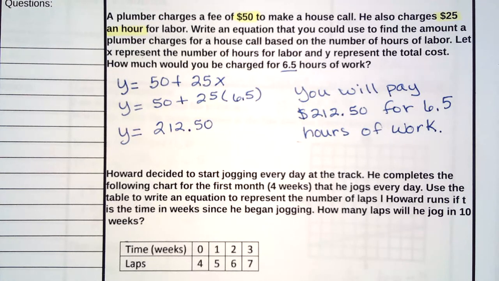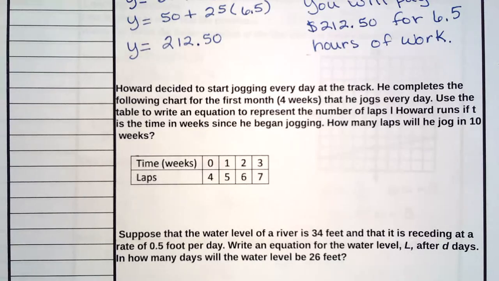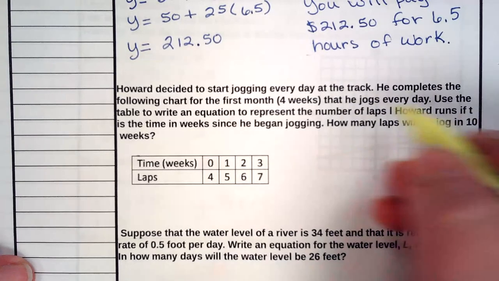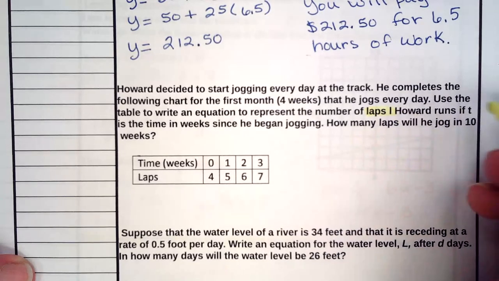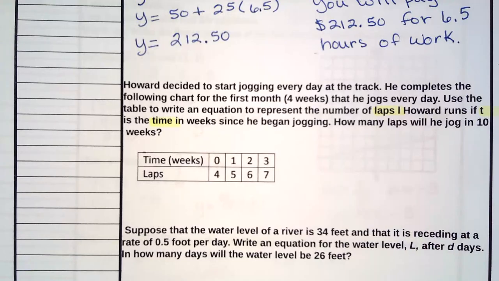How many laps will he jog in 10 weeks? So we've got our chart. We know that L is the laps and T is the time. So how many laps will he jog in 10 weeks?